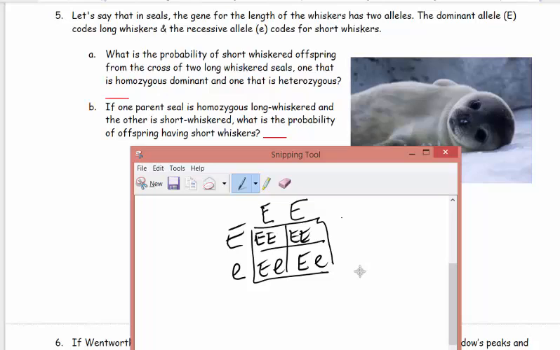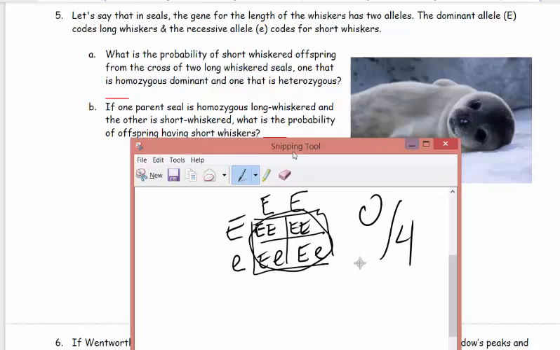Okay, so how many of these would have short whiskers? Now, you'll notice that in all of the examples here, they all have a big E in them, at least one, which means that they're all going to be dominant, which is the long whiskers. So I would say actually 0 of these out of 4 have short whiskers.